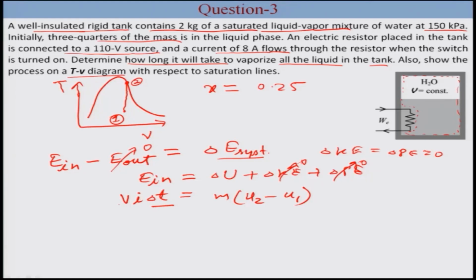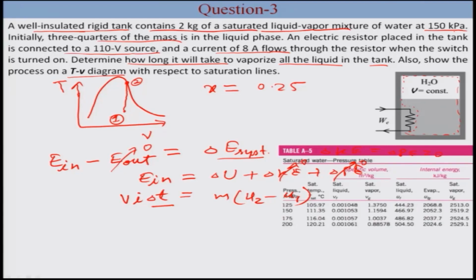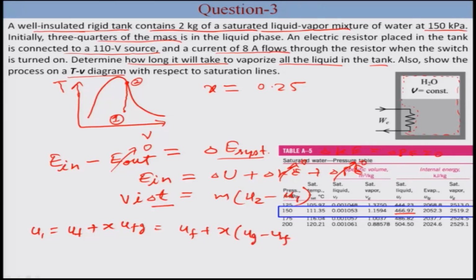Initially it is given that the initial pressure is 150 kilopascal. So the corresponding internal energy can be calculated as u1 equal to uf plus x times ufg. It is given here, uf is here, this one, and ufg is nothing but ug minus uf. So ufg is this one.